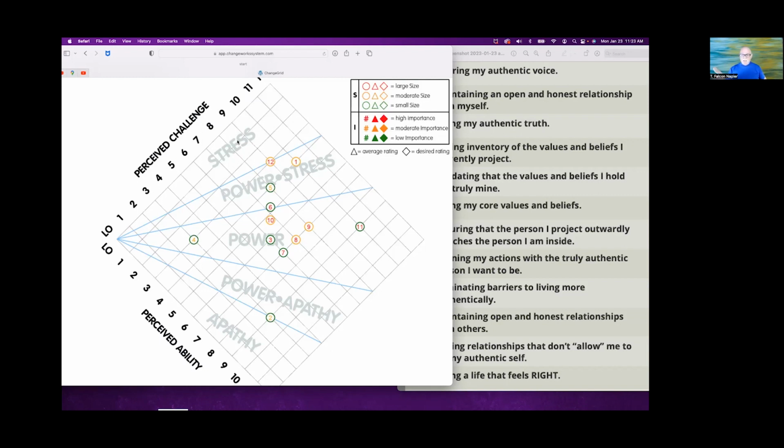I'll say one more thing and then I'd like both Brian and T to comment on this. The other thing that's happening up here is you reported the challenge of doing that as a 9 or a 10. Keep in mind that a 12 is reserved for truly life and death situations.